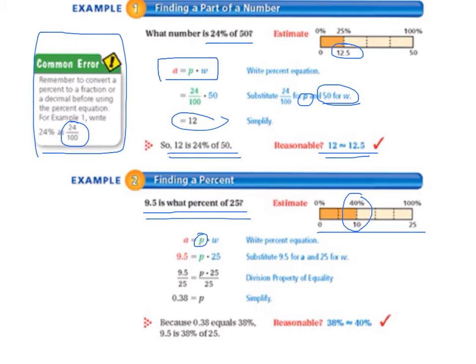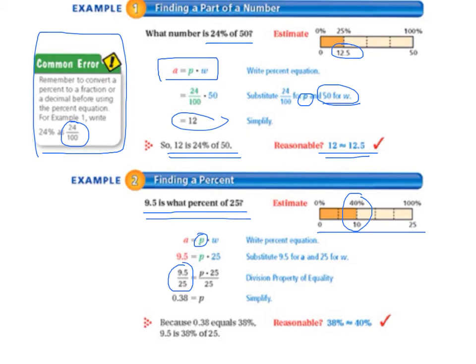So we're going to substitute 9.5 for A and 25 for W. So A is the part and W is the whole, and we're solving for P. So in order to get P by itself, we have to divide both sides by 25.